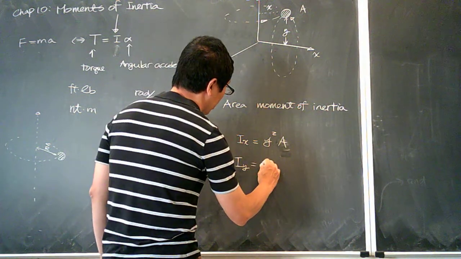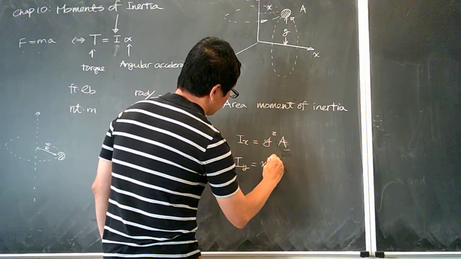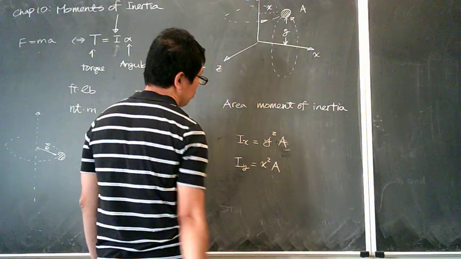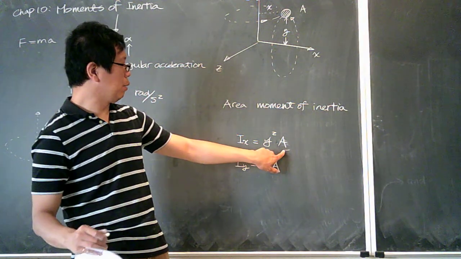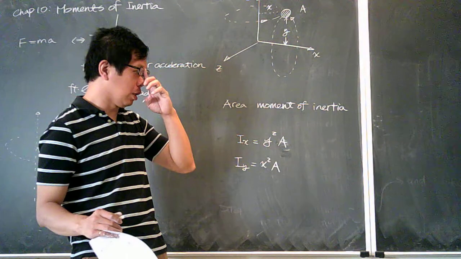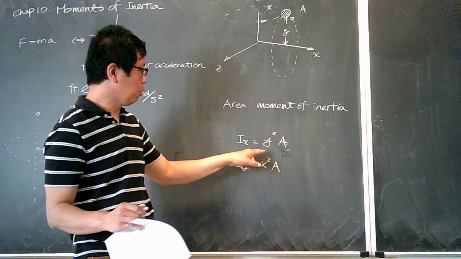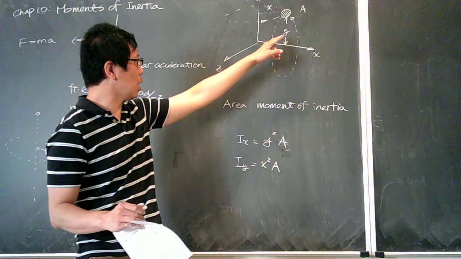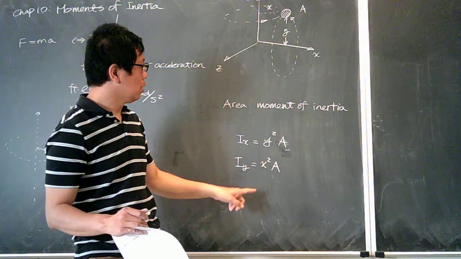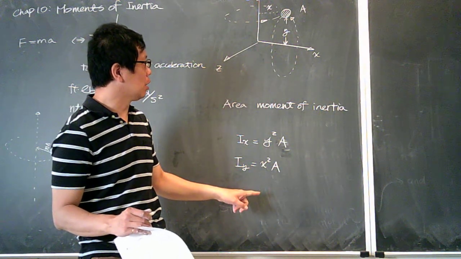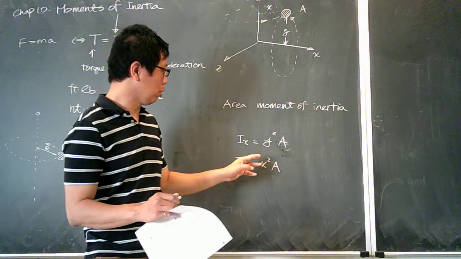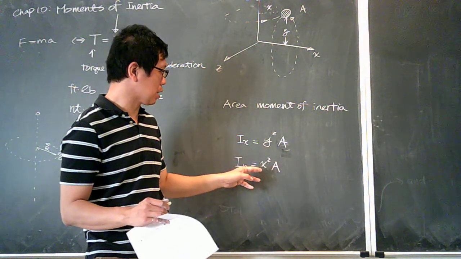If it's x, it's going to be x squared A. So it's important you know its original property, which is area in this case, and we also need to know the distance between this object and the axis you want to rotate around, so you're going to have y squared A and x squared A.